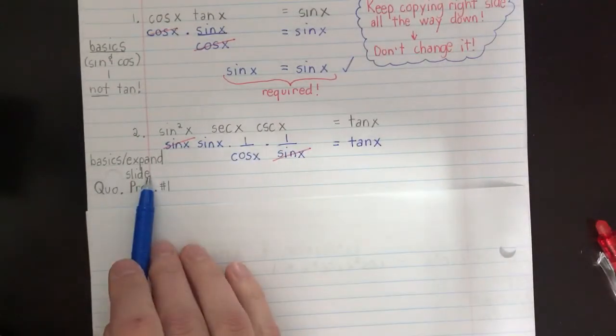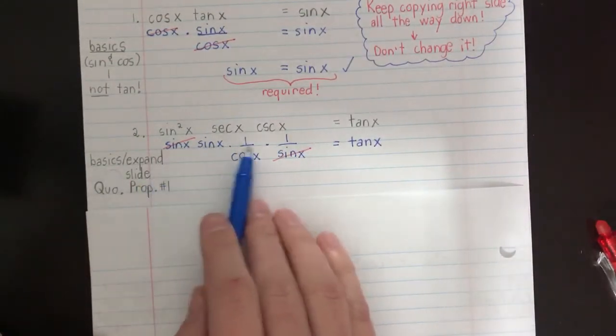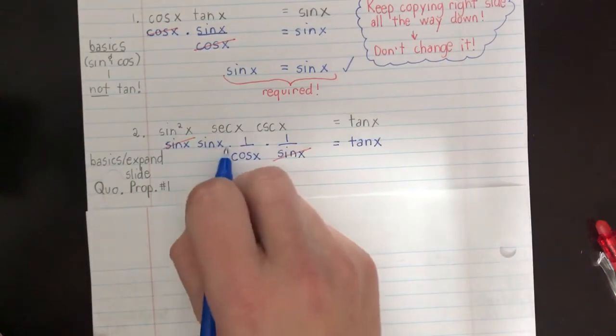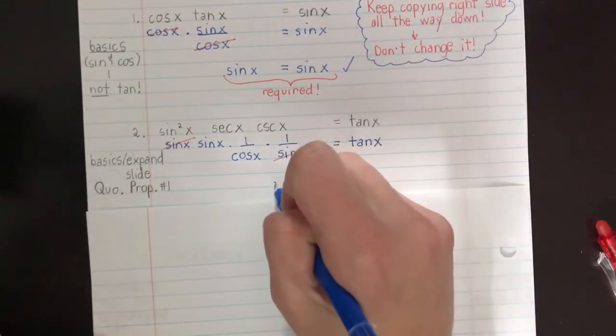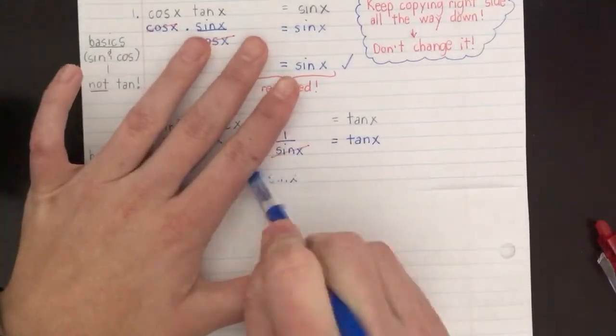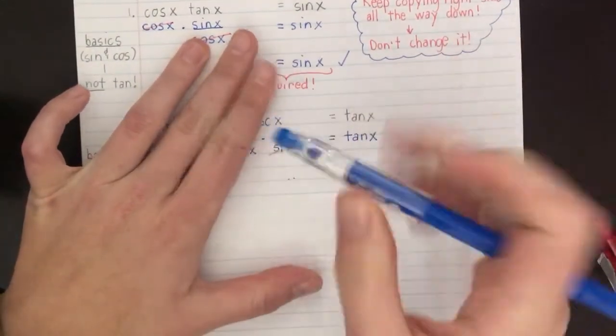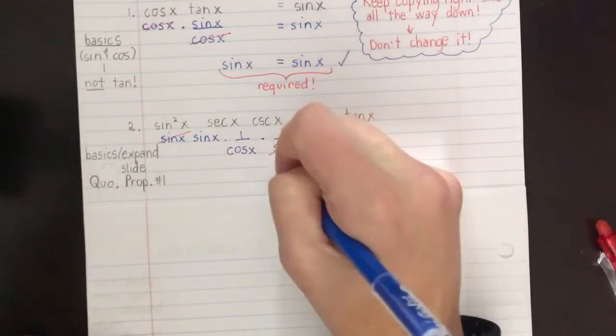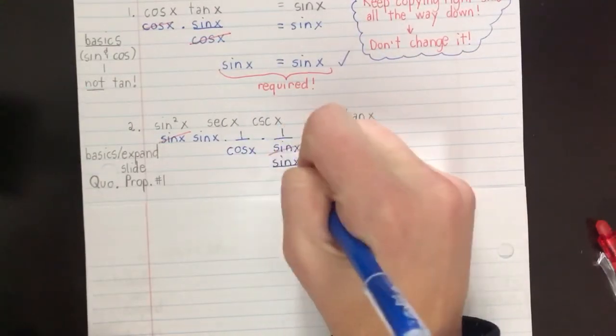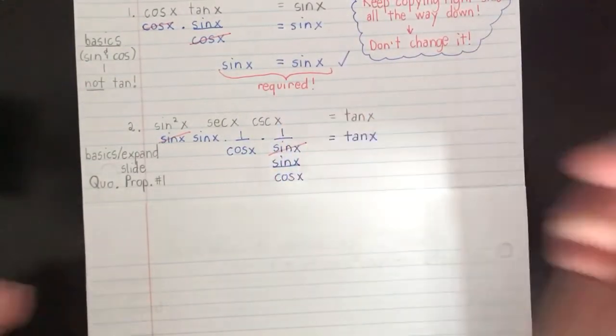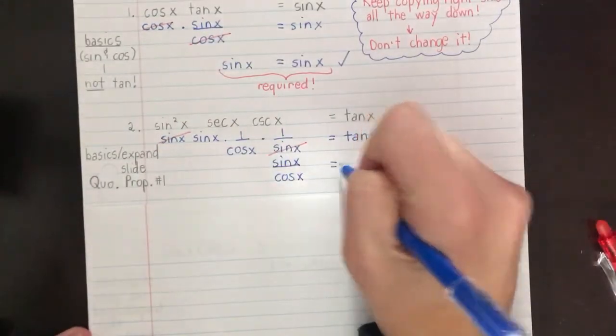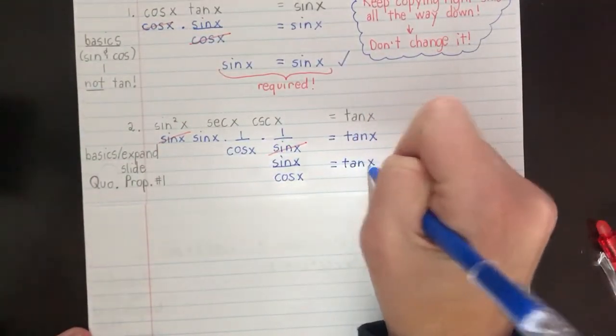And then slide. We call this slide because these kind of slide together. So this times this would become sine of x on top over cosine of x. So that's what we're left with. Slide it all together. All right, equals tangent of x. Is that true? Well, sure it is.